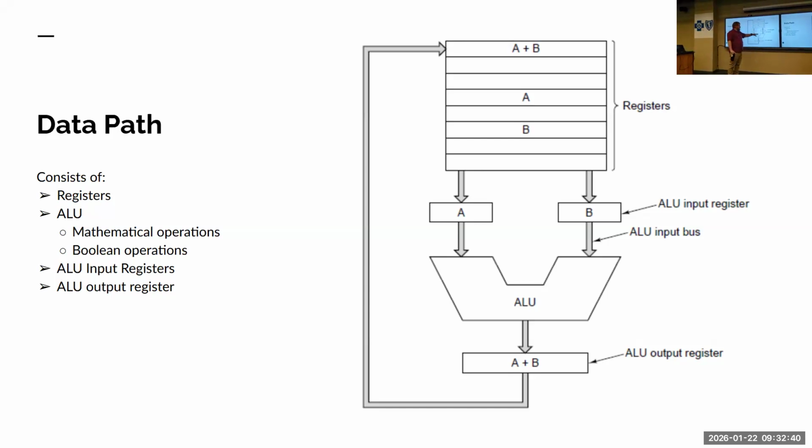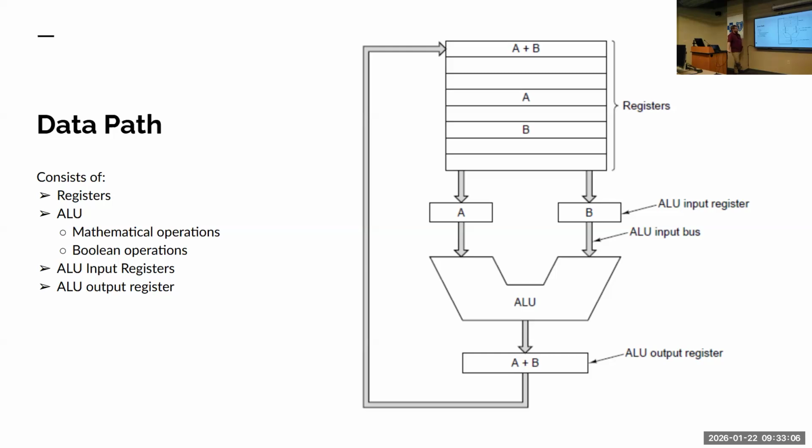But the ALU usually has a couple registers attached to it, which hold the data that's actively being worked on by the ALU. So the data comes from a register and goes into the ALU. There's usually an output register to store the output, and then that gets written back to one of the registers, or it could be written back to the memory. But the data follows a path as it's being manipulated, as the instruction is being run.